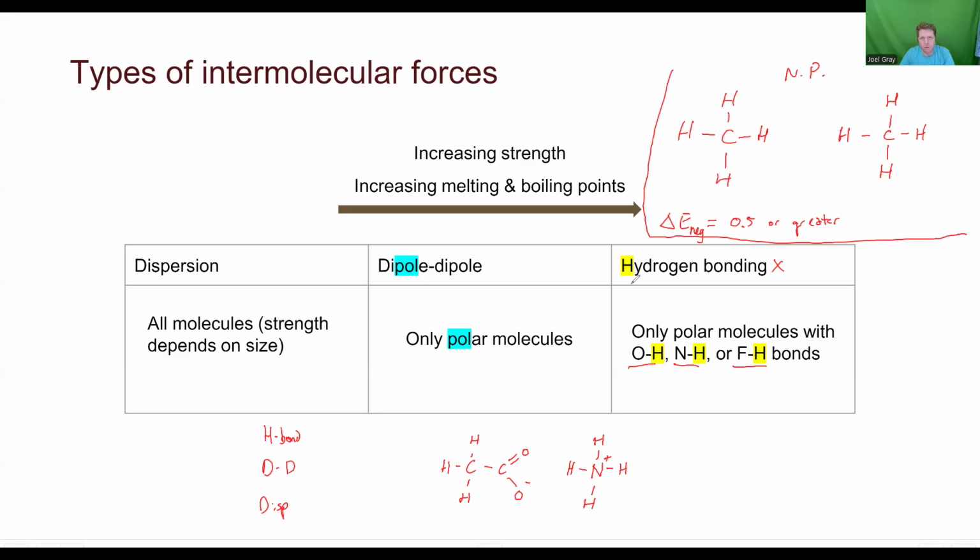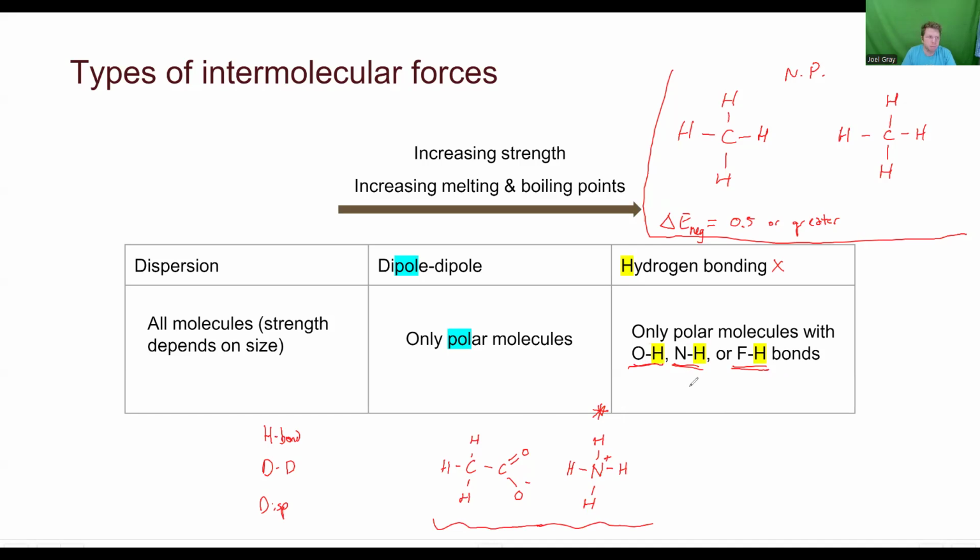So the first question is, and I always think about this as the peak of the pyramid, hydrogen bonding. Does hydrogen bonding exist between these two molecules? In order for hydrogen bonding to exist, we have to have OH, NH, or FH present in both of those molecules. So my molecule on the right, NH4: do I have NH?